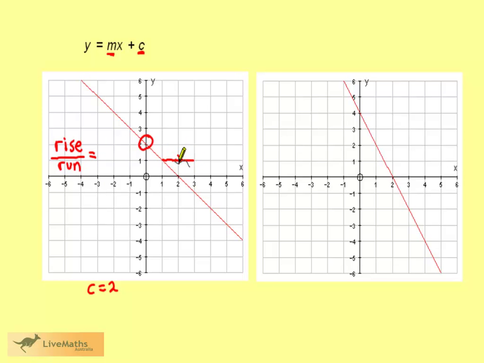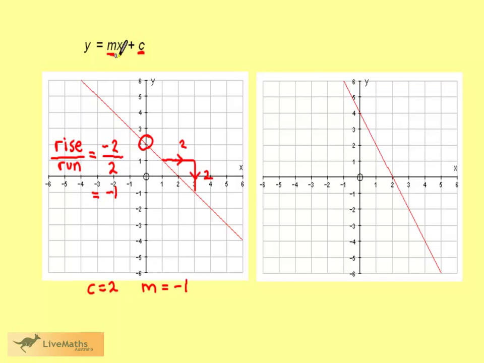The line goes across 2 and down 2. Downwards by 2 is a rise of minus 2. So we have minus 2 divided by 2, which is minus 1.